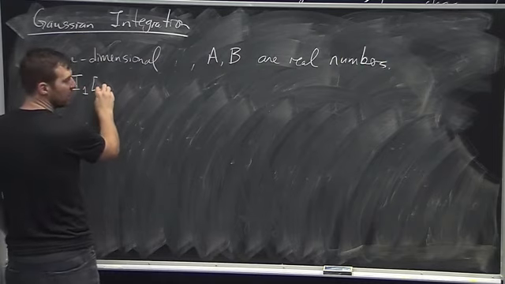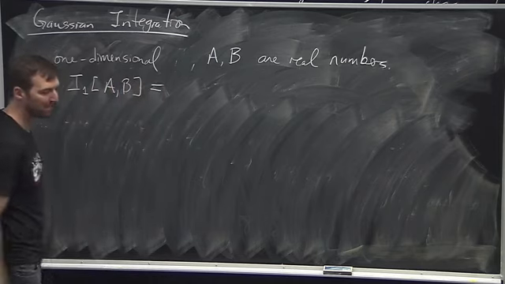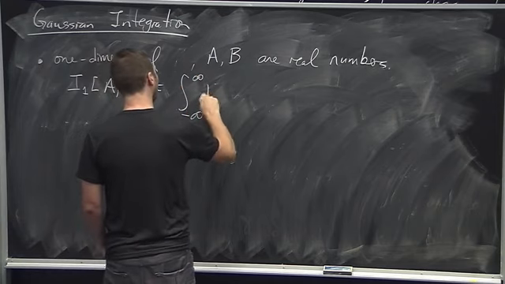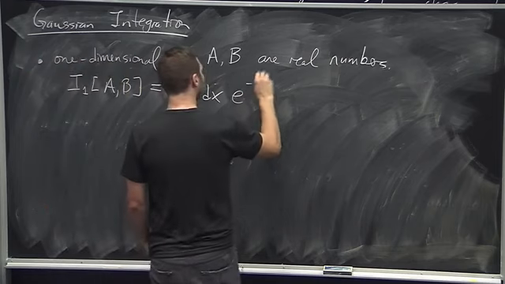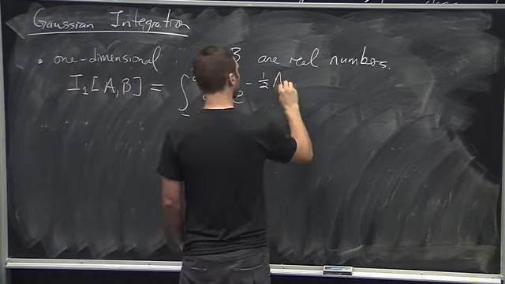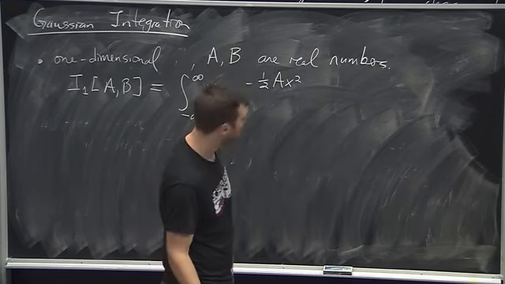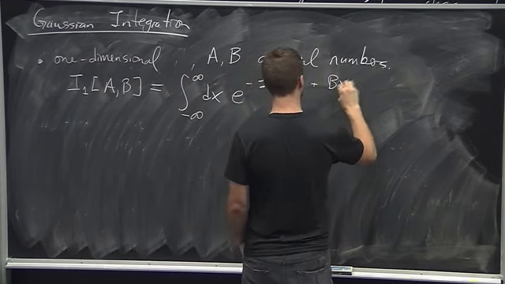It's going to depend on my real numbers. I'm going to define this integral over one variable. It's Gaussian, so it's like this, 1/2 a x squared, and the b is the linear term, so bx like that.